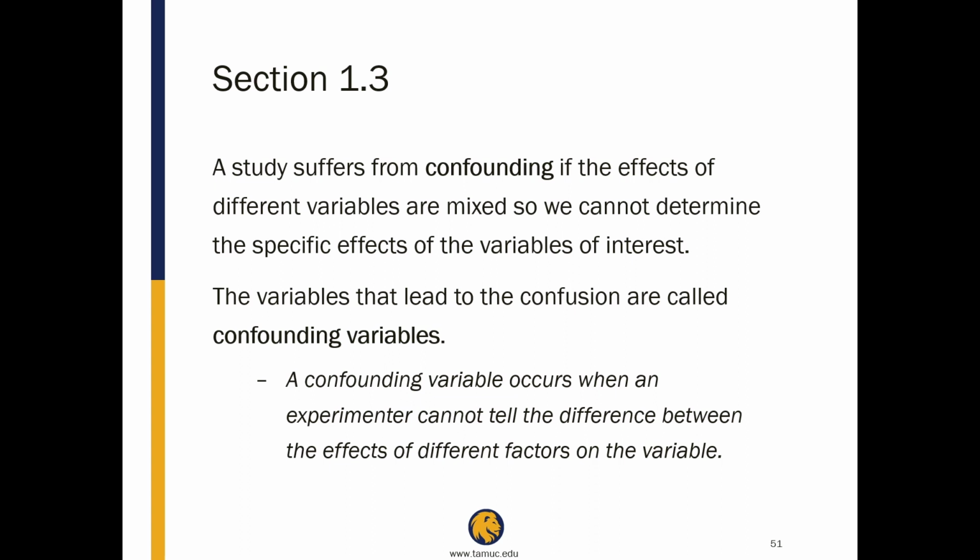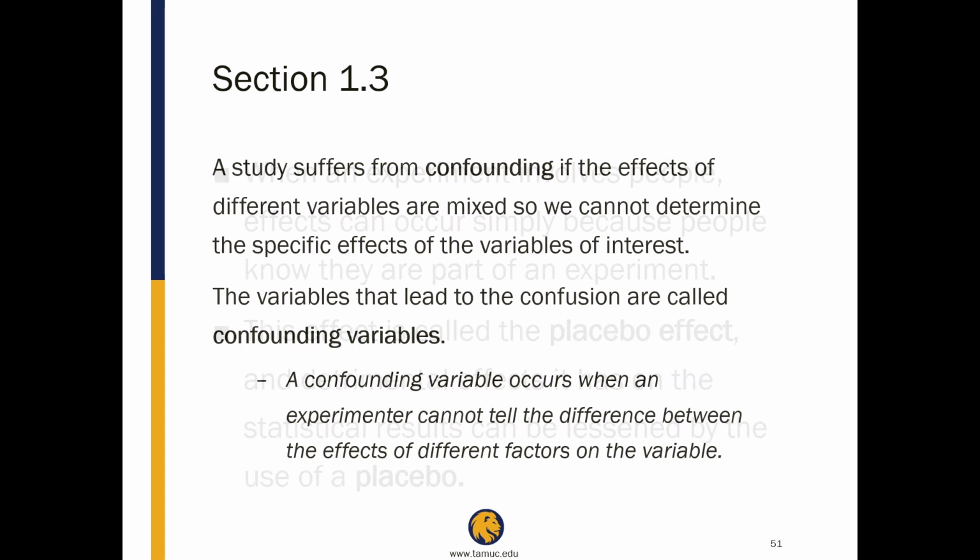The variables that lead to the confusion are called the confounding variables. So, a confounding variable occurs when an experimenter cannot tell the difference between the effects of different factors on the variable itself.